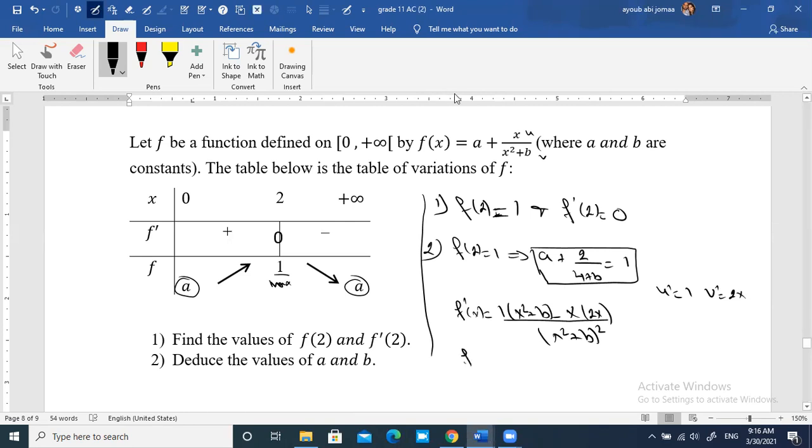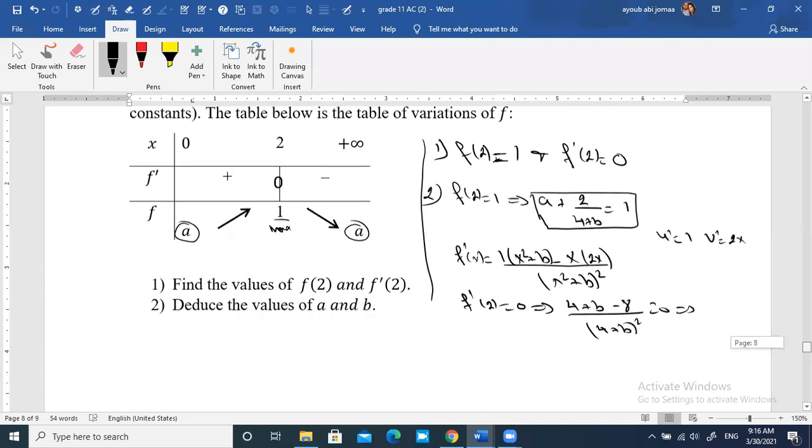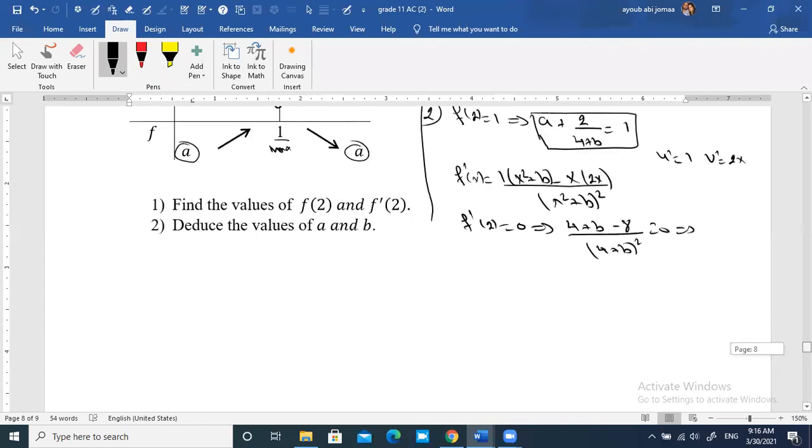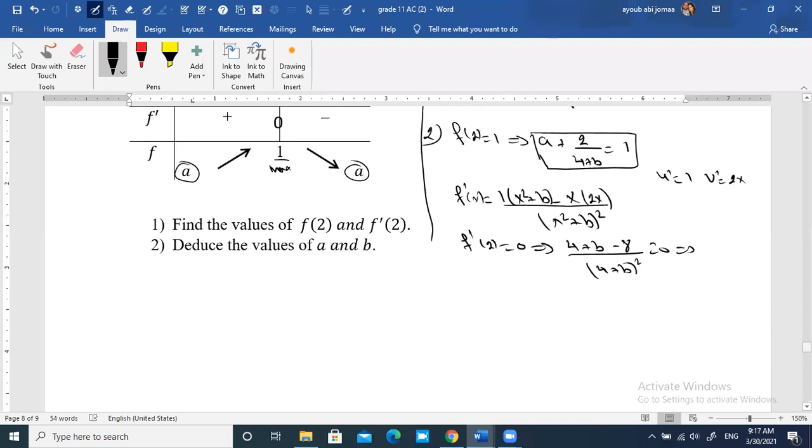Right. Now f prime of 2 is equal to 0. This means that 4 plus b minus 2 times 2 times 2, minus 8, over 4 plus b, all squared, is equal to 0. This means that 4 minus 8, negative 4. So negative 4 plus b is equal to 0, and then b is equal to 4.